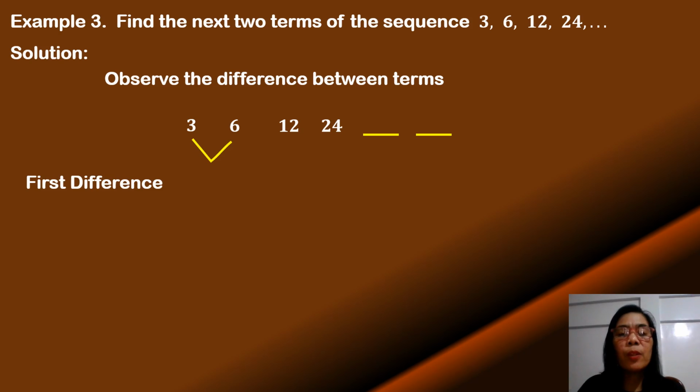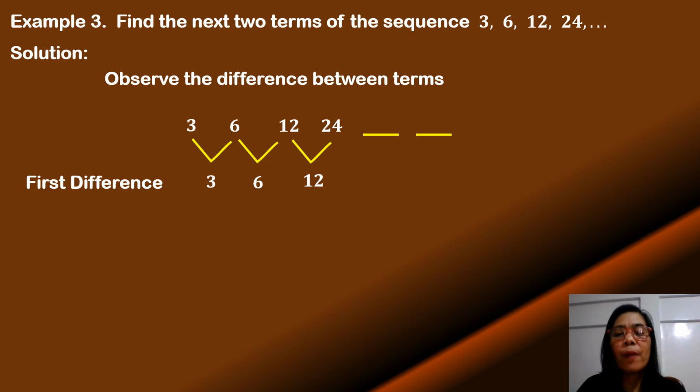So the first differences will be 6 minus 3 is 3, 12 minus 6 is 6, 24 minus 12 is 12. So you will notice that we do not have equal first differences. However, we can observe a pattern that the first differences are following. So we have in here 3, 6, and 12, which actually are the first three terms in the sequence.